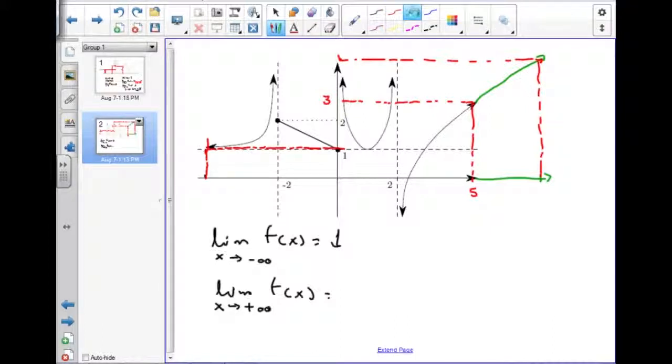And if you keep extending the axis and keep extending your graph until you run out of paper, you'll realize that the more you move to the right of your x-axis, the larger, the bigger the value in the y-axis is going to be. That tells you that the limit when x tends to positive infinity is positive infinity.